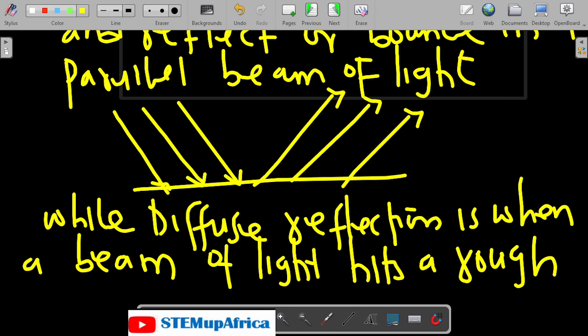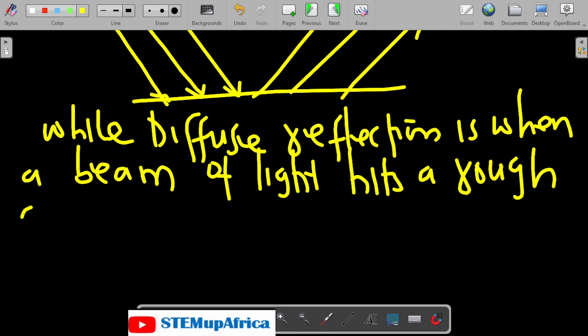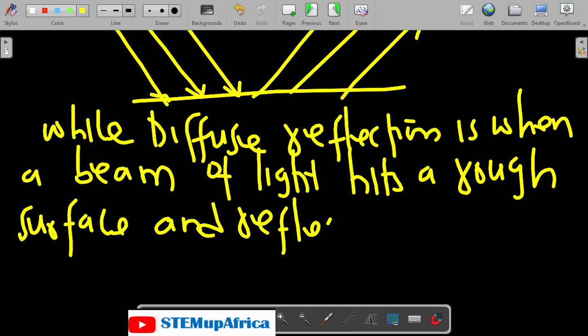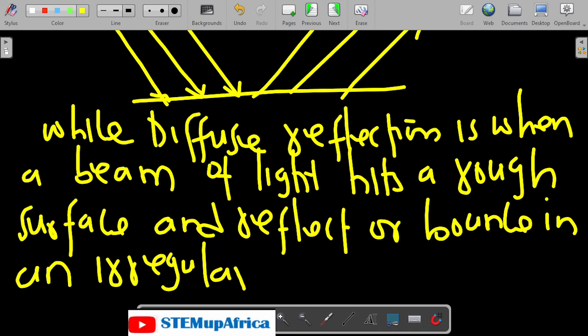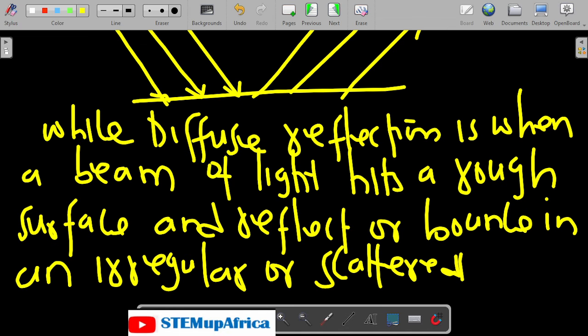A rough surface, and it reflects or bounces in an irregular direction, or in other words, a scattered direction. You can illustrate it with a diagram if you want.